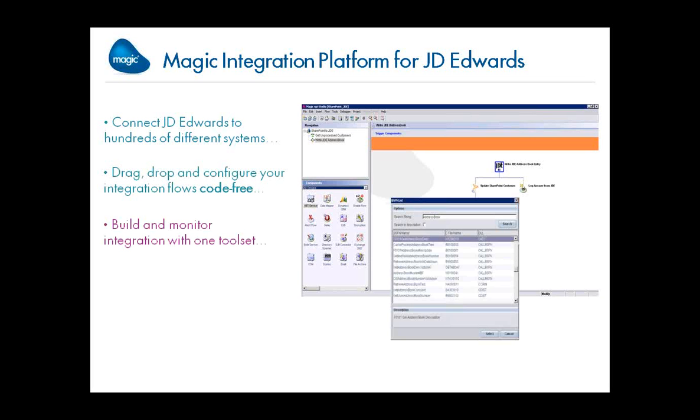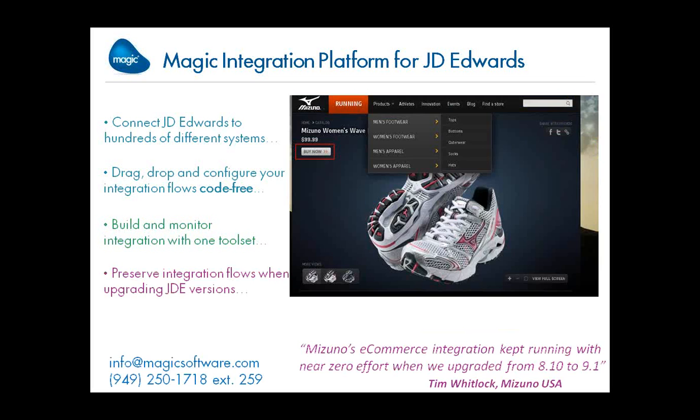It also has built-in monitoring capabilities so that you can build and monitor your integration with one tool set. And so with the Magic XPI integration platform, you're not only telling your interfaces how you want them to work, what the business rules should be, what the exceptions should be, but you're also able to see and log information from all of those integrations that are taking place.